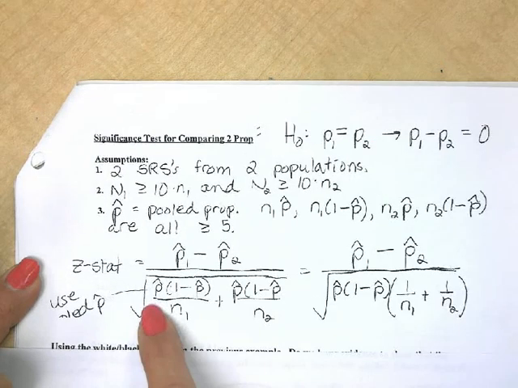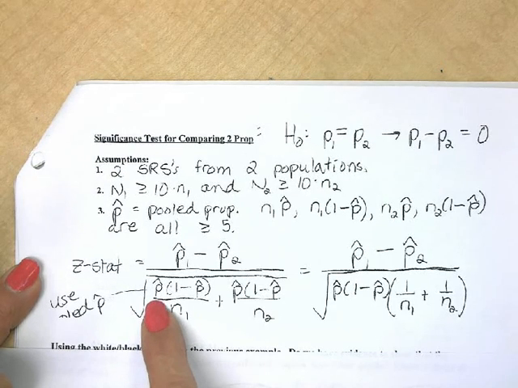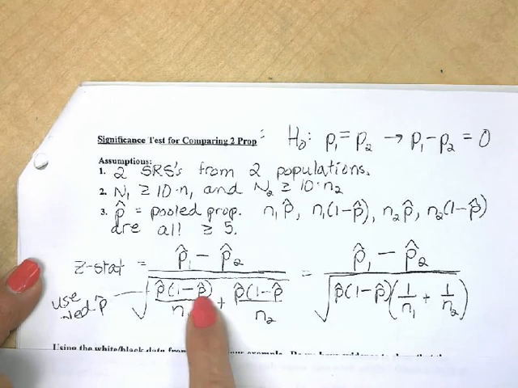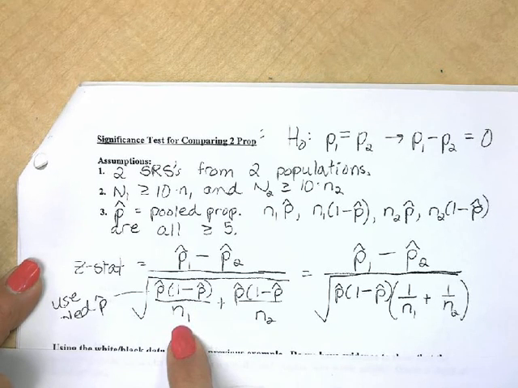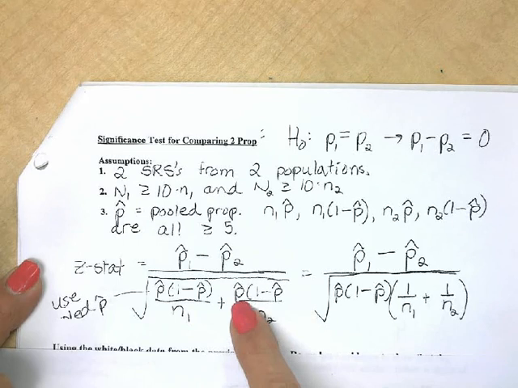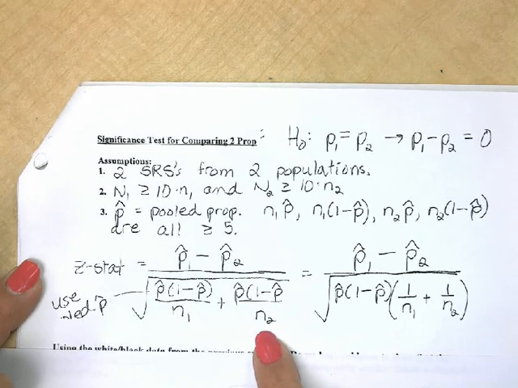So I use the pooled p here for the first group. I'm assuming that it's actually equal to, in our case, 0.2518. So the number, 1 minus the pooled p over the sample size. And then we have the other population that has the number, 1 minus the number over the sample size.